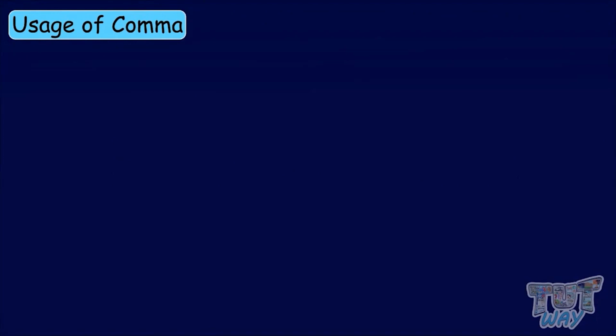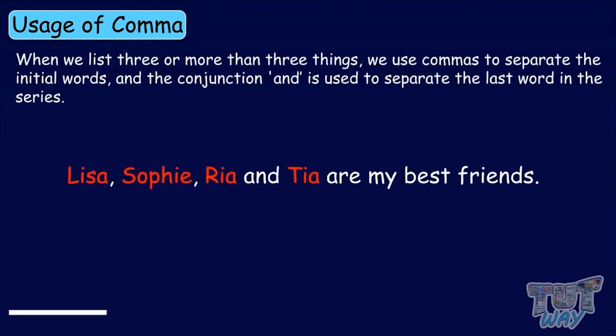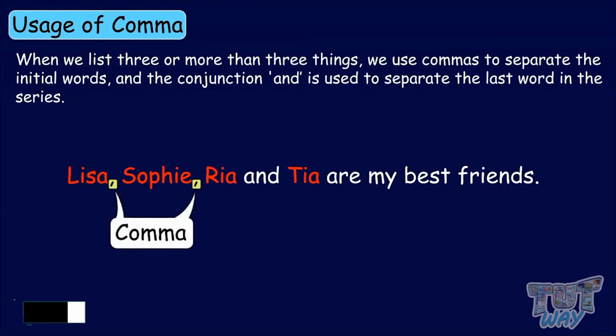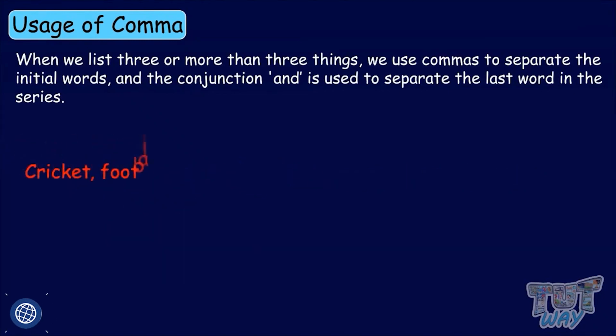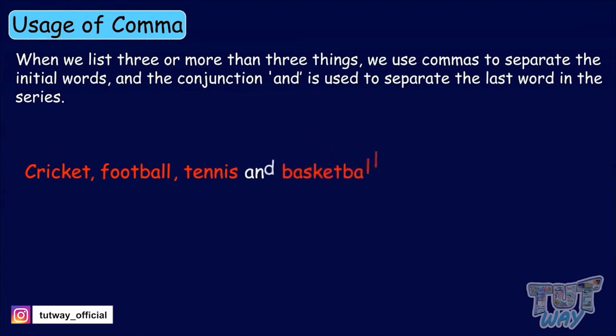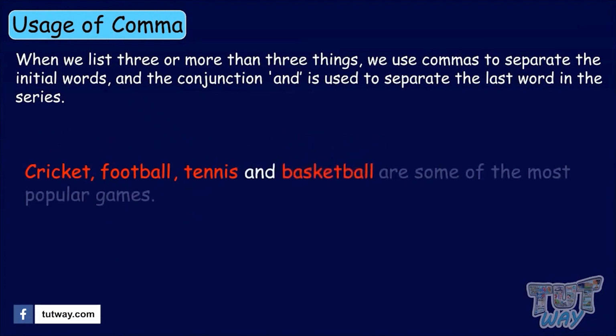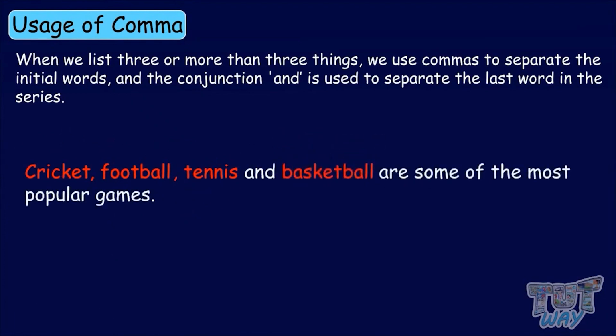Let's first revise what we learned about the usage of comma in our previous assignment. When we list 3 or more than 3 things, we use commas to separate them, and the conjunction "and" is used before the last word in the series. For example, cricket, football, tennis, and basketball are some of the most popular games.